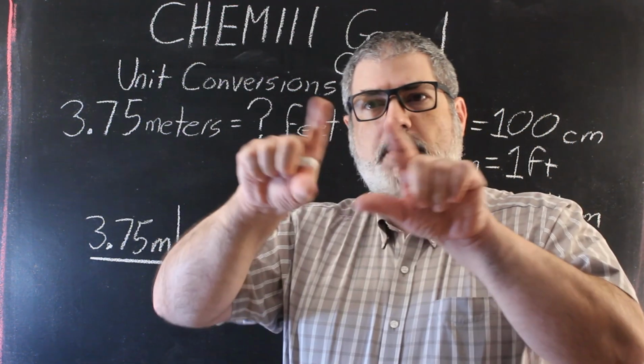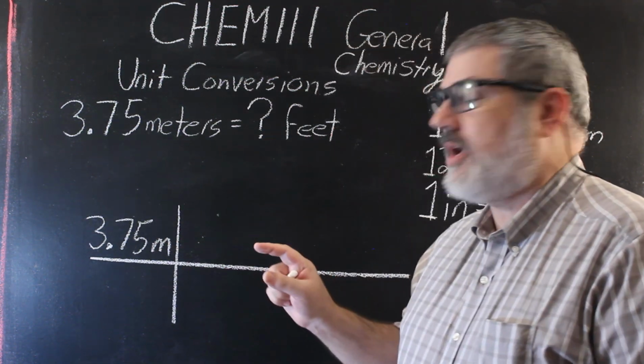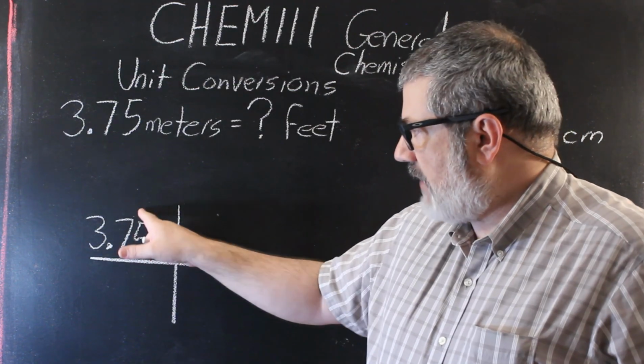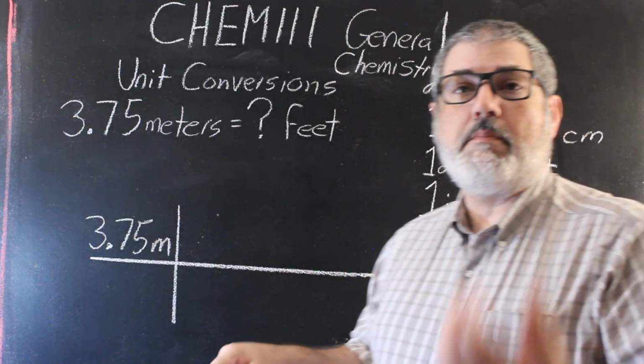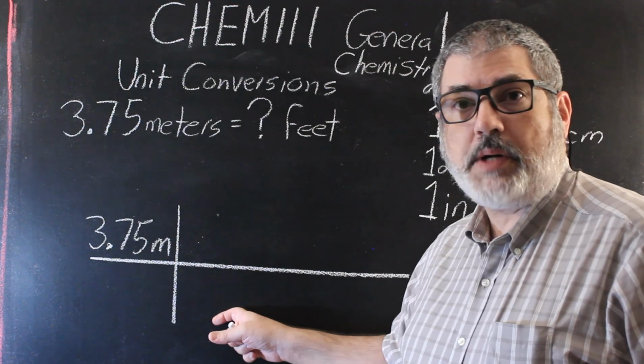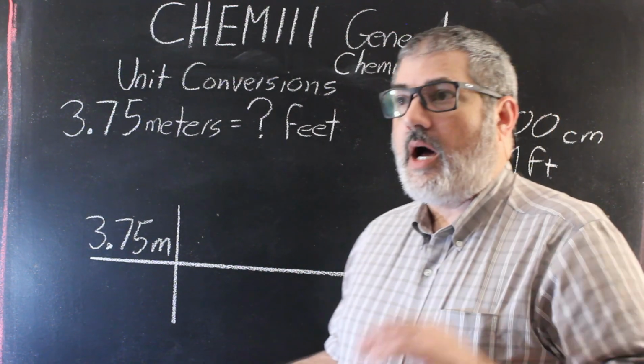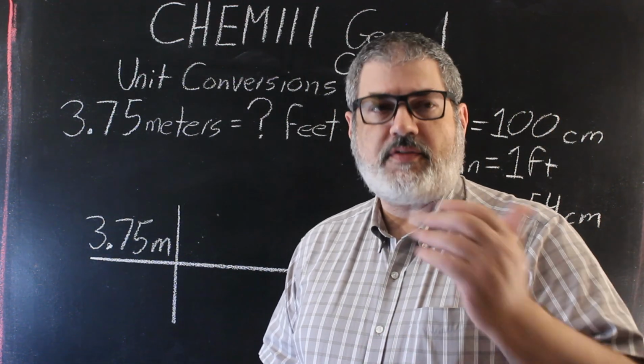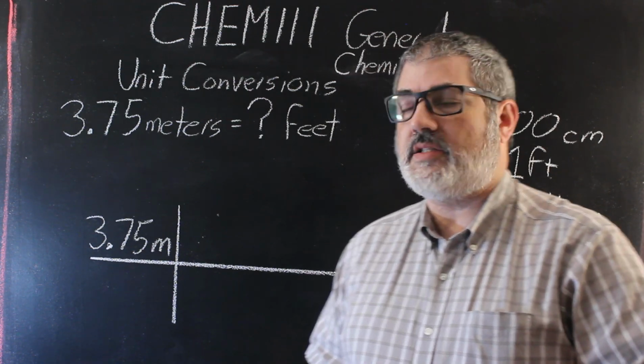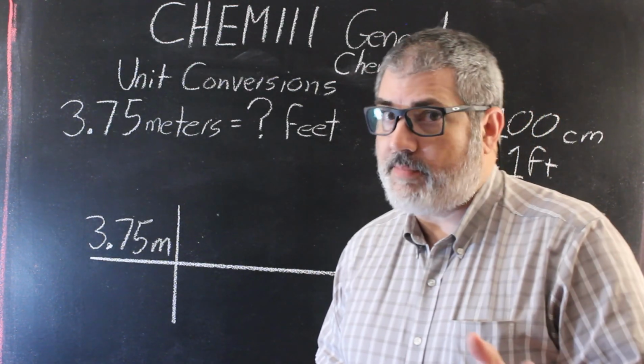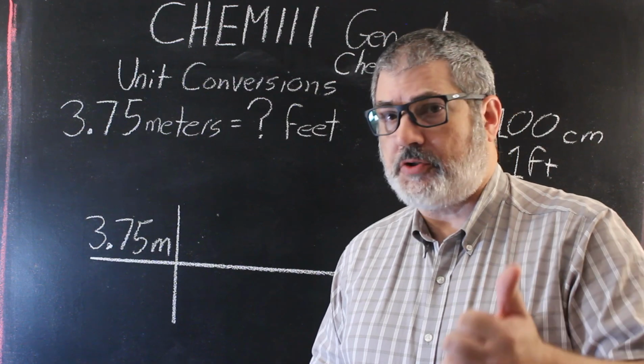Another way of doing this is to put it in parentheses, because what we're going to be doing is every term on top we're going to multiply, every term on bottom we're going to divide. You may or may not have seen this in your high school classes, but really it's just algebra. It's multiplying and dividing.